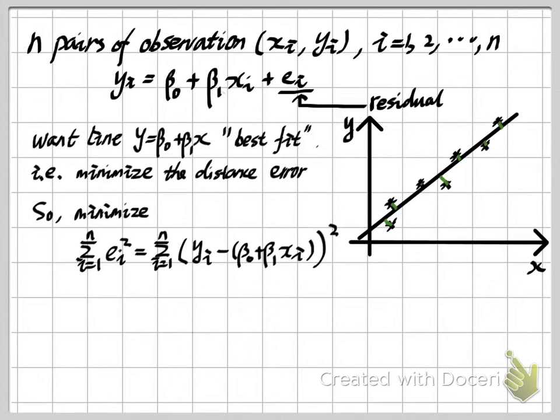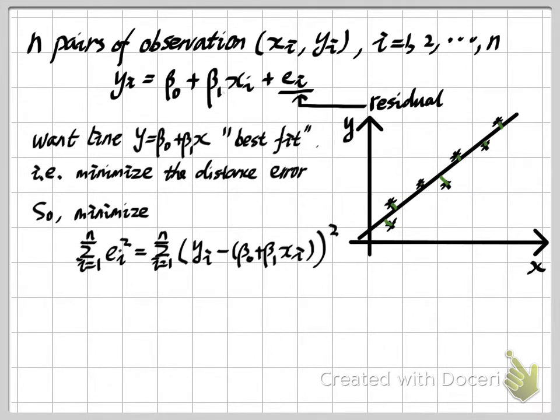So then to sum up all of the distance error, this will become the sum of the squares of all residuals here. So this is how we can quantify this distance. After we minimize this sum of squares of our residuals, we can decide the values of our beta 0 and beta 1.